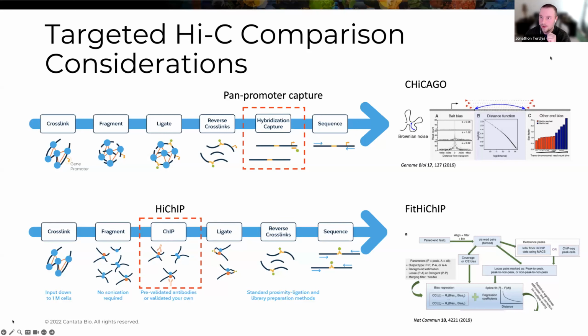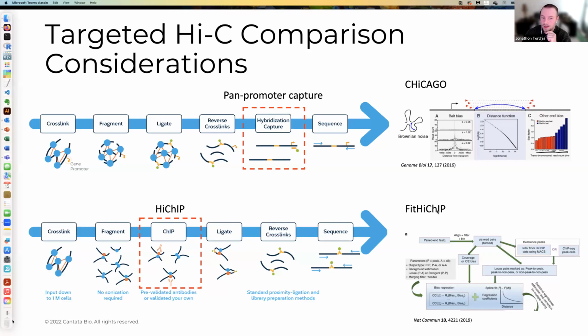And the same is true for FitHiChIP. HiChIP data is where you do an antibody selection. FitHiChIP is designed to specifically handle that type of data. It will call loops, and also comes packaged with a downstream differential analysis, which also includes normalization. So there are solutions available for these specialized scenarios as well.